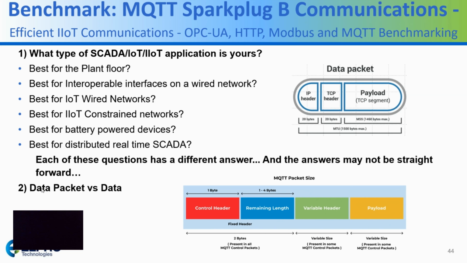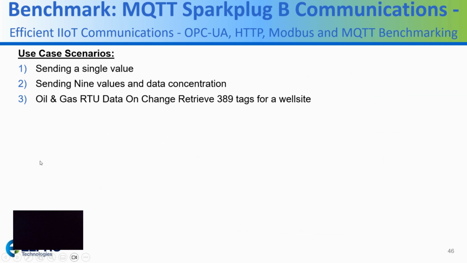It's 20 bytes per header, where, like I mentioned with MQTT, it's a lightweight one, so where it can go and just use 2 bytes for each. The payload is what is referred to as data.